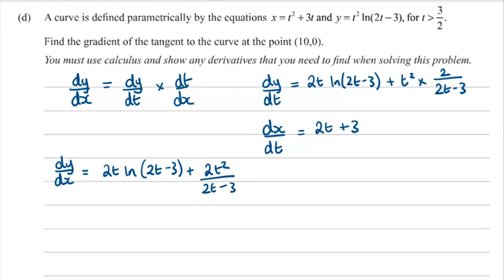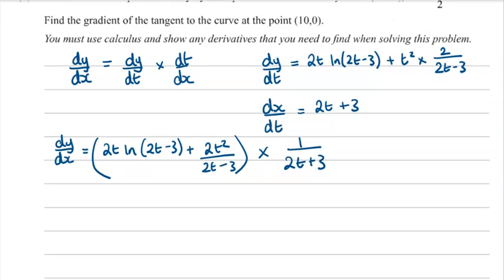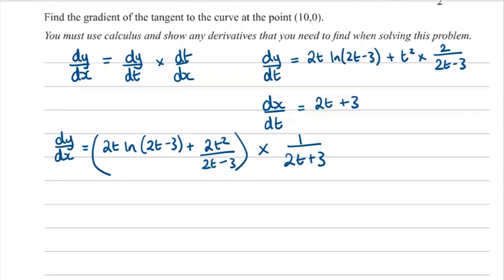And we're going to times that by 1 over 2t plus 3. I'm not going to bother trying to tidy that up. We don't need to. We need the gradient when we're at this point, so when x equals 10. So we'll just use that.